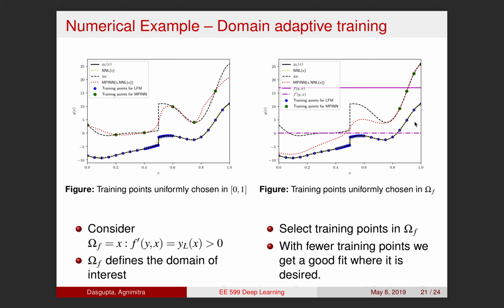So we can use the lower fidelity neural network to indicate where failure might happen. And using that information, we can then sample points uniformly near the failure surface. This can be easily done by lowering the failure surface by a certain amount.